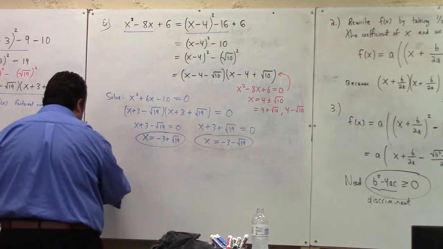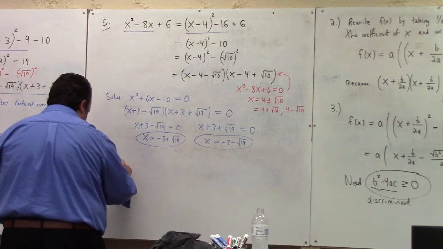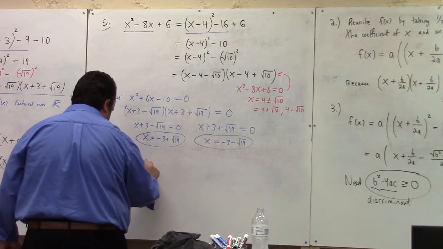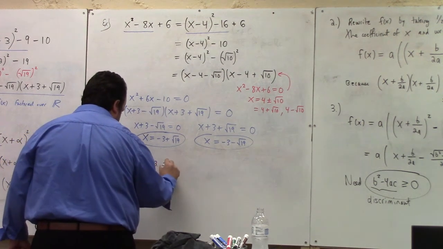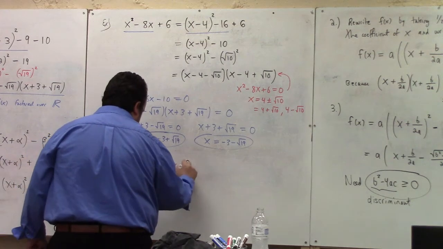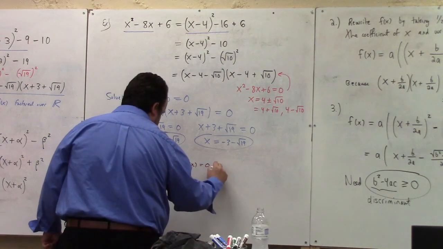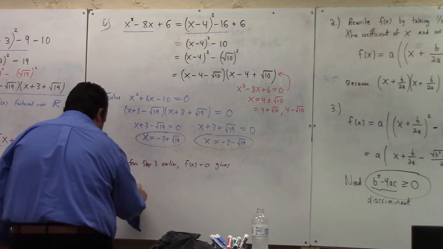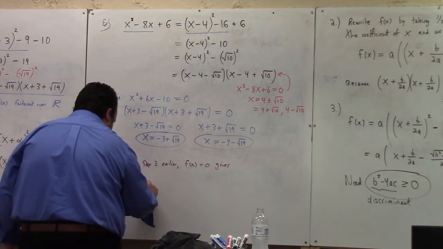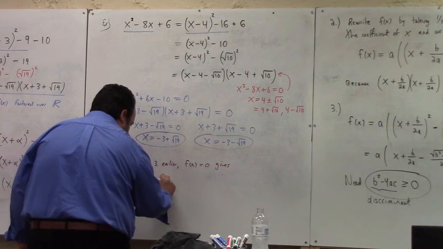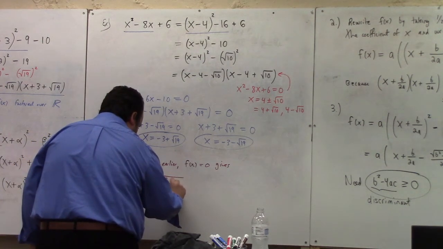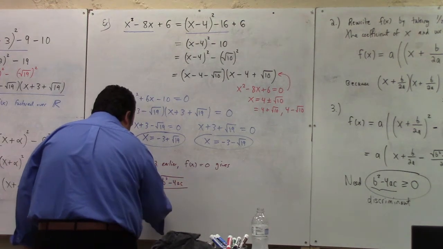So I would say, remark from step 3 earlier, f of x equals 0 gives x equal to minus b plus or minus the square root of b squared minus 4ac, all divided by 2a.